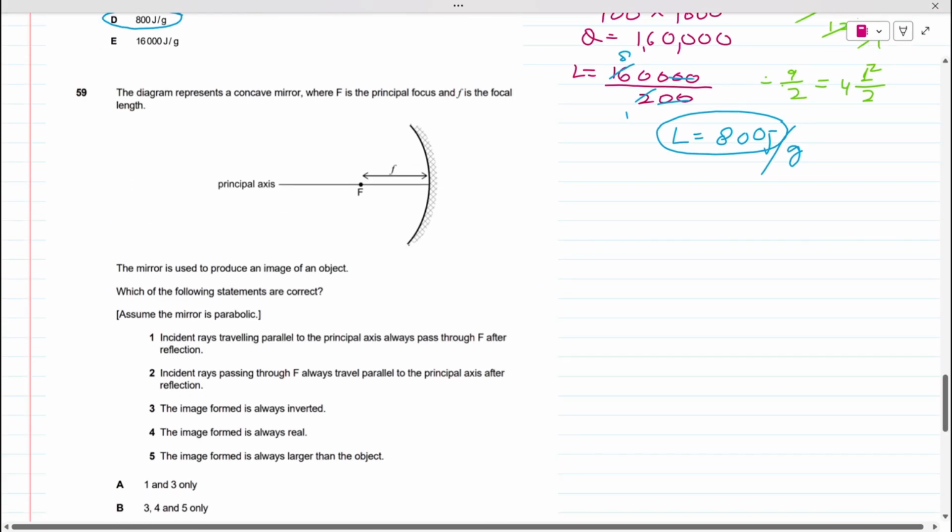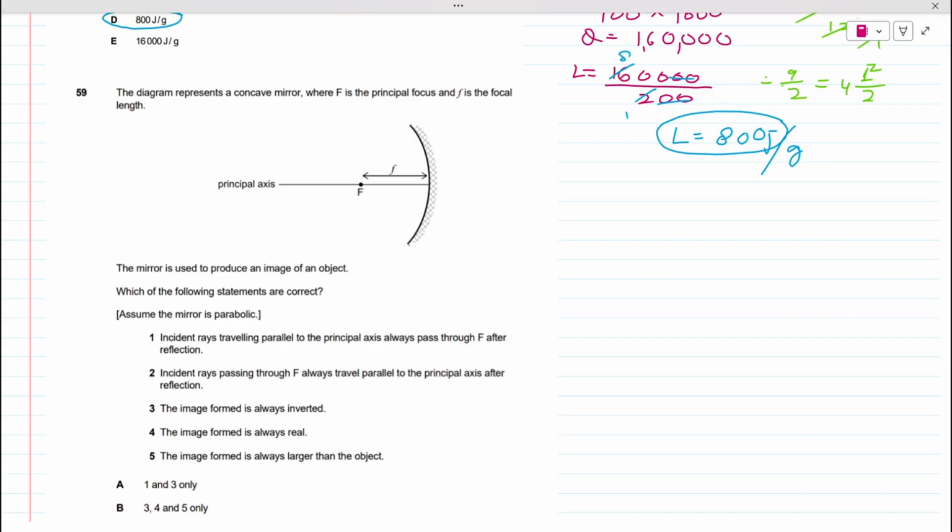Now we are going to solve our second last question, which is: the diagram represents a concave mirror where F is the principal focus. So this F is the principal focus, and the length between the mirror and the focus point is what we call focal length.